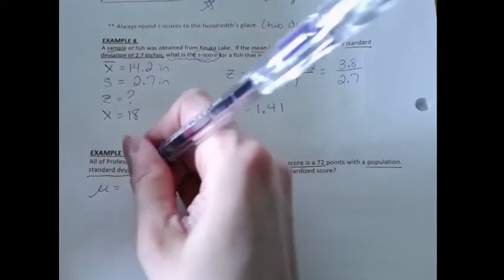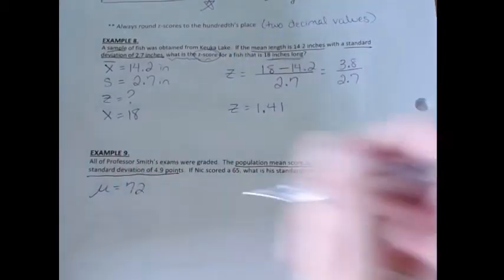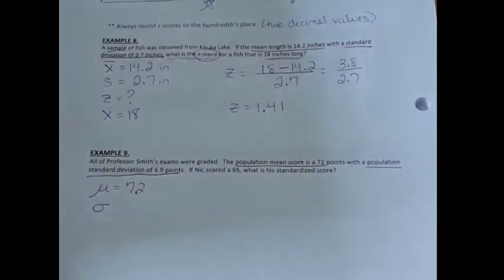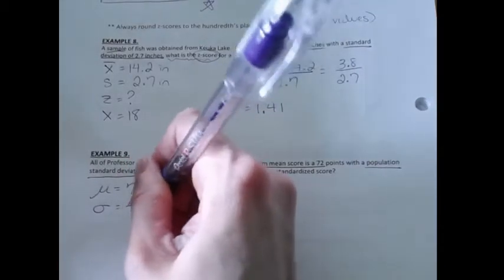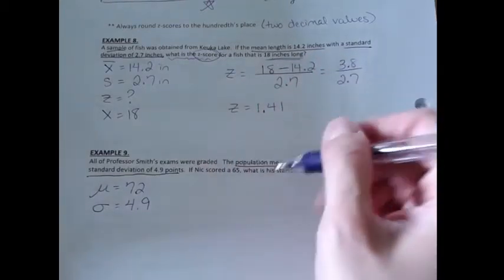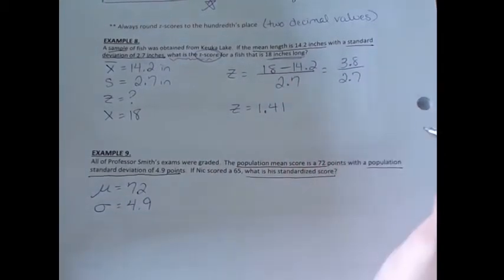Our mean is 72. And our standard deviation, which is that sigma, the 6 with a flat tail, so our standard deviation, or sigma, is 4.9. So 72 points and 4.9 points. If Nick scored a 65, what is his standardized score?